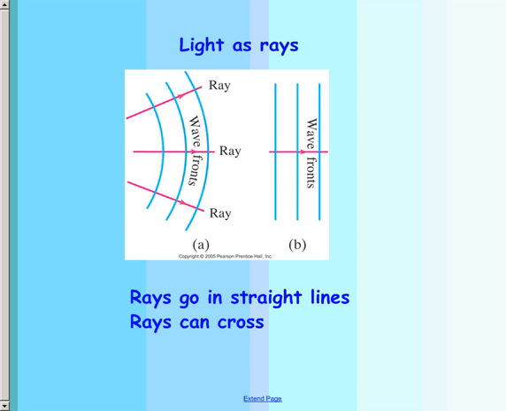All right, so we're going to talk about light as rays. We've talked about this before, so it's not completely new at all. We've gone back and forth between talking about wave fronts in light, like the crests of a wave moving along. Sometimes those crests are circular and moving out, sometimes they're plane waves.